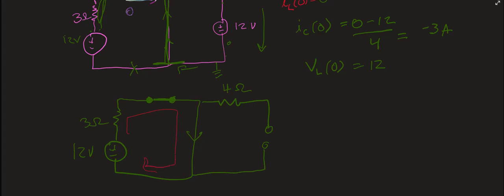So IC at infinity is going to be 0. IL at infinity is going to be 12 over 3, or 4 amps.